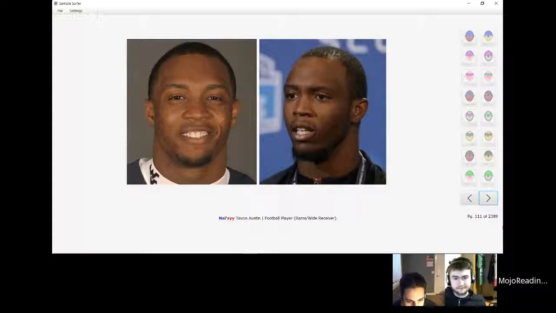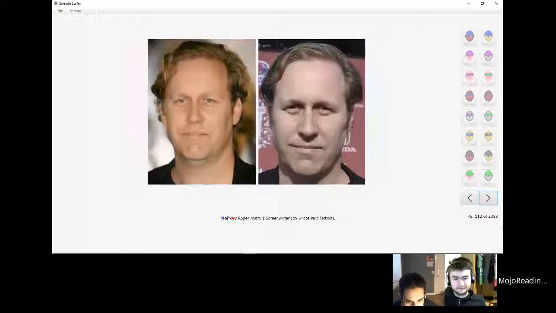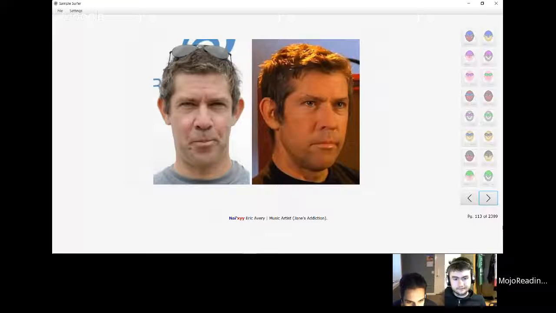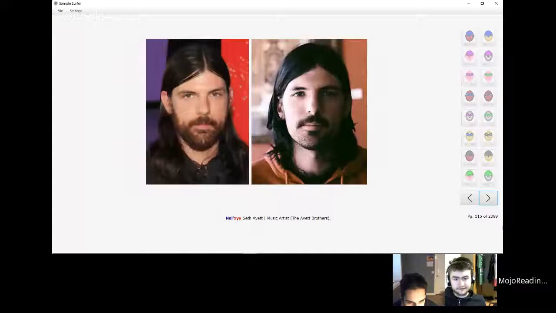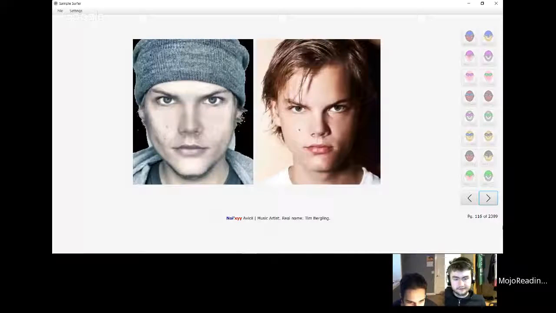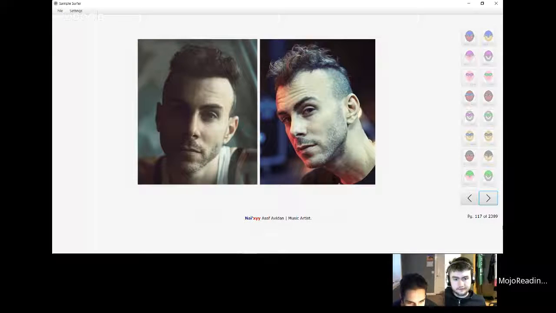Naiji Tevon Austin. Naiji Roger Avery. Naiji Eric Avery. Naiji Scott Abbott. Naiji Seth Abbott. Naiji Avicii. Naiji Asaf Avidan.